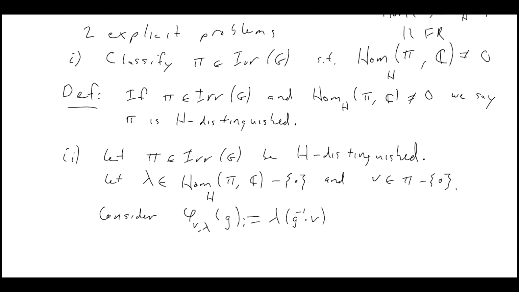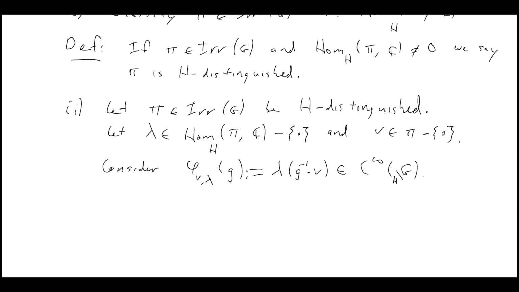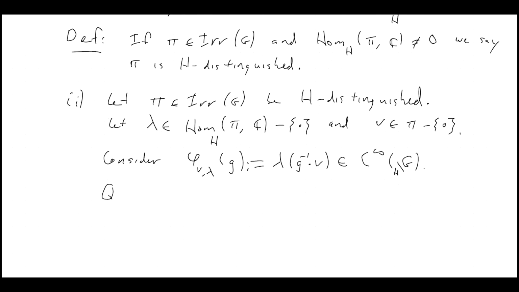This is going to be a smooth function on G mod H. Then we can ask the following question: is this generalized matrix coefficient compactly supported modulo the center of G H?